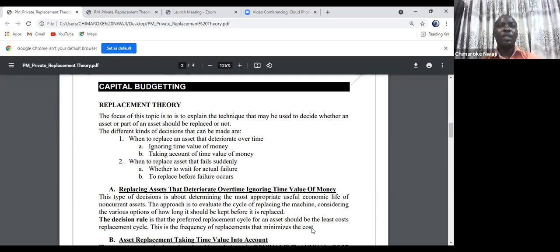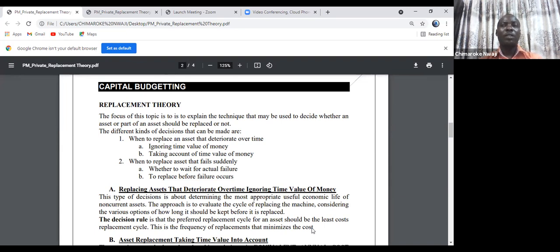And one of the things that you will observe when the asset is being depreciated is that you keep repairing it constantly. You keep spending more money on maintenance, and when you spend more money on maintenance, the running cost increases.